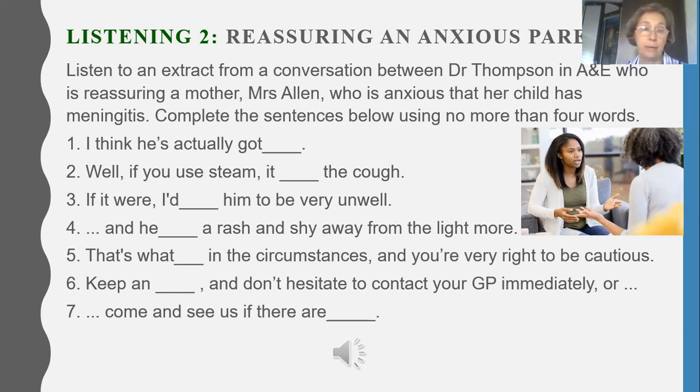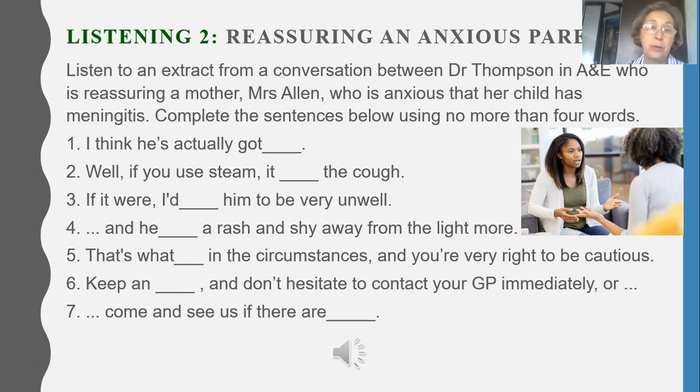Maybe 5. Yes, also 5, about feeling. Yes, every mother might feel this in these circumstances. 6, keep an eye and don't hesitate to contact. Okay, yes, so it is also empathic.